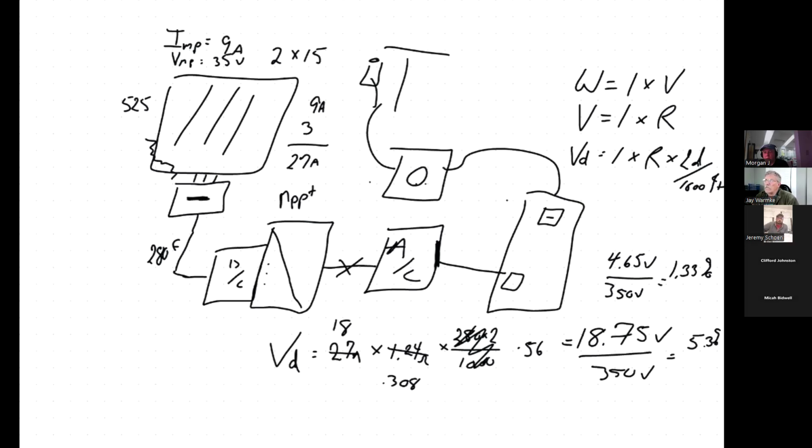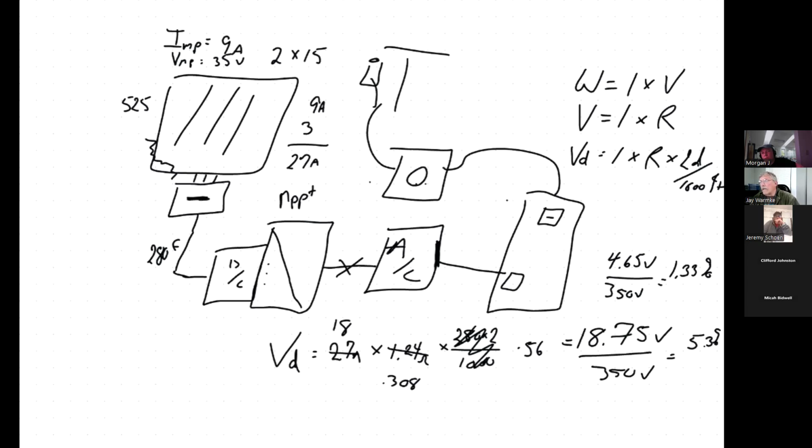You want to push your voltage up as close as possible to 600, because now we've saved some money on this system by going to 2 strings. If we're putting in breakers or fuses in this junction box or combiner box, each of those breakers is going to cost you $20 or so. Instead of needing 6 of them, I only need 4.